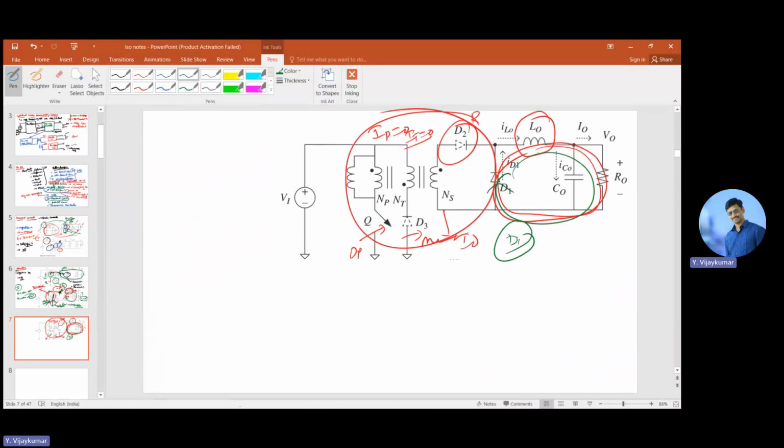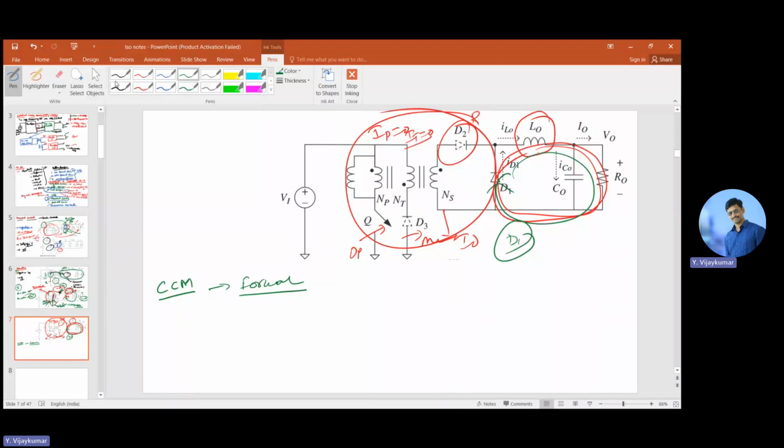Now we will see what the duty cycle is. As you know, we have taken continuous currents in the forward converter, which we have derived from the buck converter.